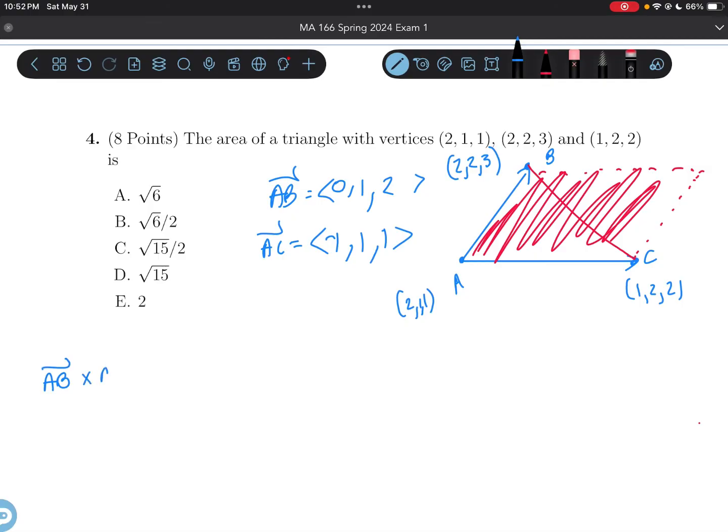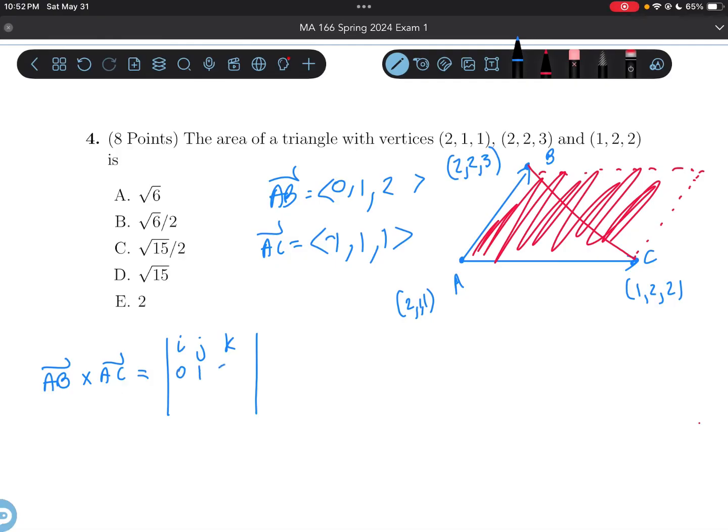So find the cross product. The way we find the cross product of two vectors is by taking the determinant of the matrix where the first row is i, j, k. i, j, k are the unit vectors in the x direction, y direction, and z direction.